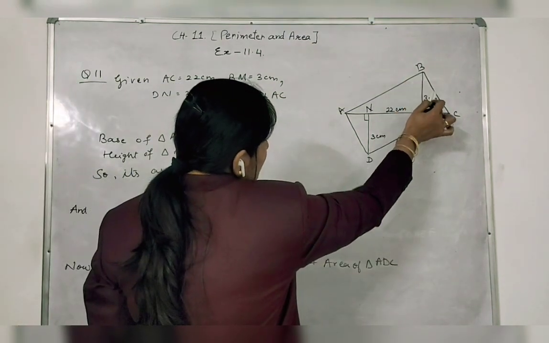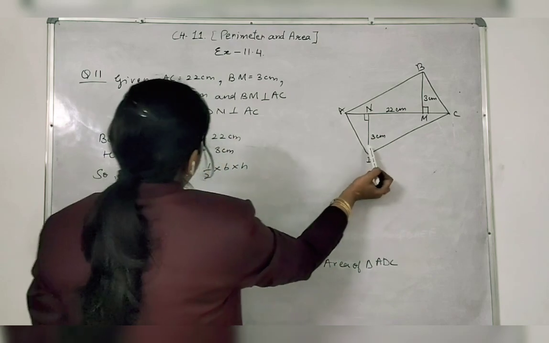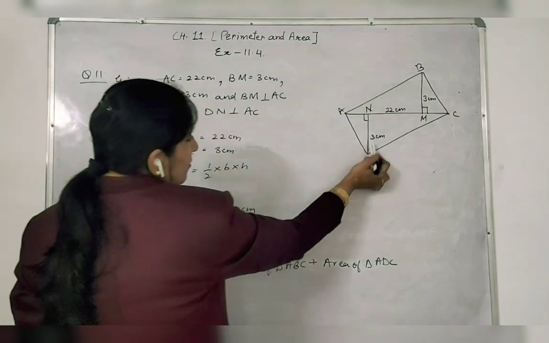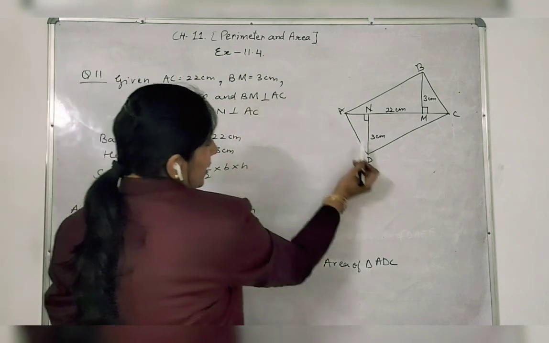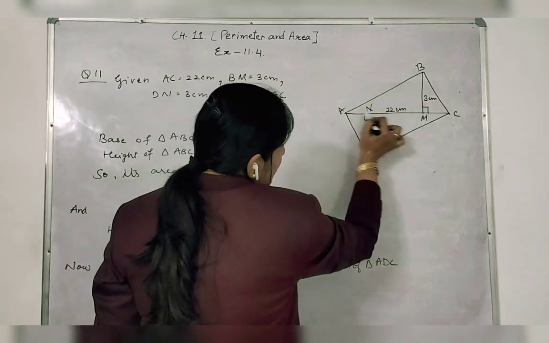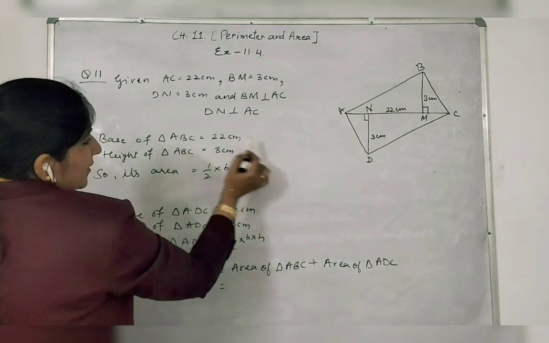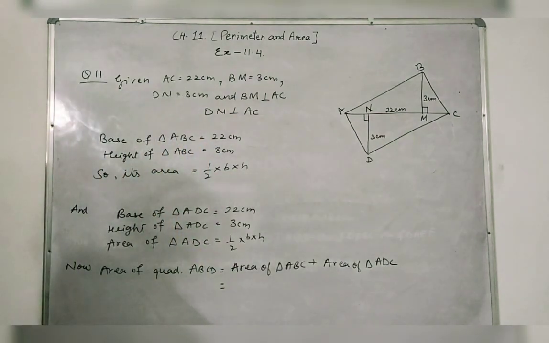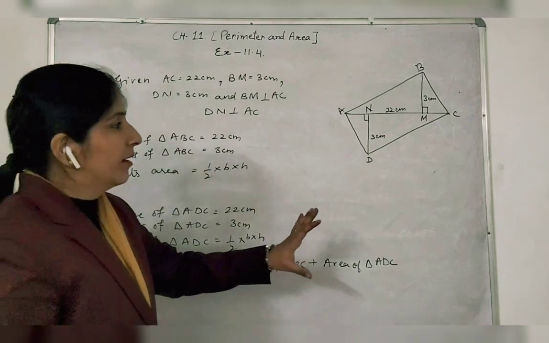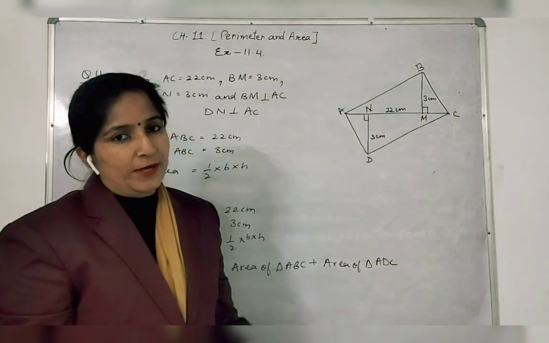BM is given as 3 centimeter, and DN is given as 3 centimeter. It has been told that BM is perpendicular to AC, and DN is also perpendicular to AC. We need to calculate the area of this complete quadrilateral.